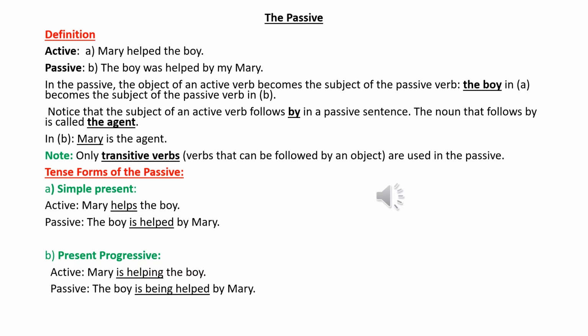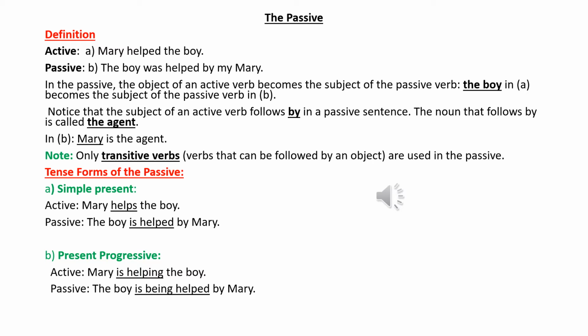Here is a summary of the tense forms of the passive. Simple present. Mary helps the boy. The verb in this sentence is helps. The passive voice is the boy is helped by Mary. Remember that the object of the active sentence, the boy, becomes the subject.